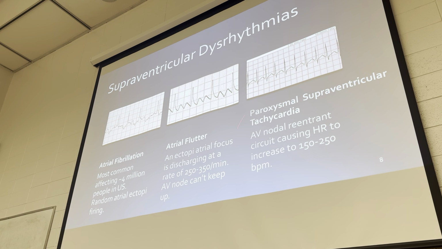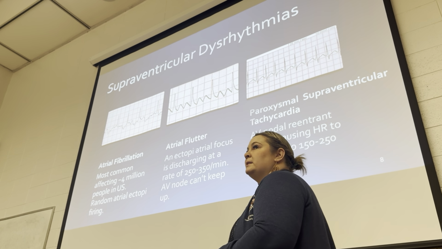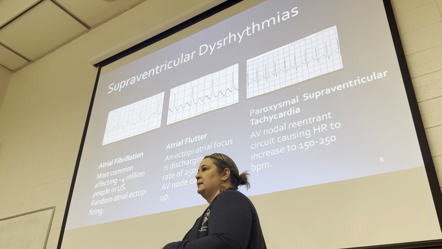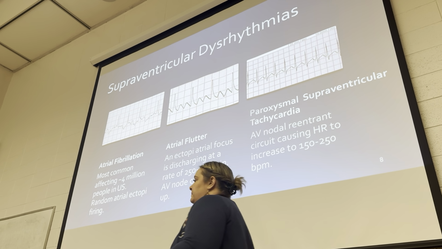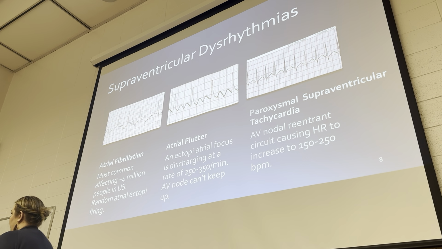So we end up with a heart rate between 150 and 250 beats per minute. Obviously that's not going to be sustainable for long. People can sustain that short term, especially on that lower range. Sometimes we get our own heart rates up that high when we're nervous or doing a lot of exercise, although it shouldn't be there for long. But we've got to fix that.